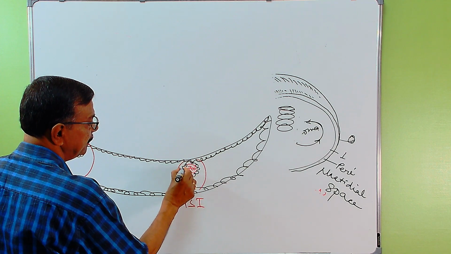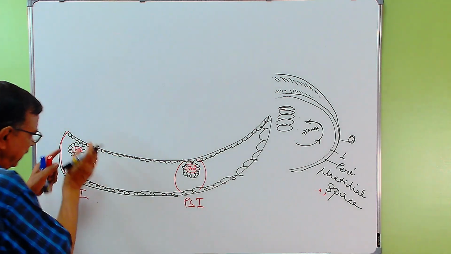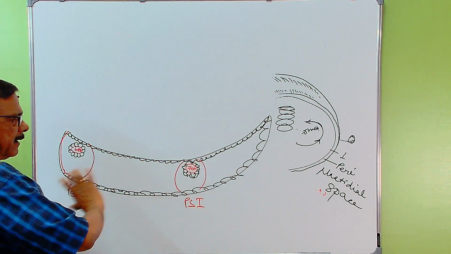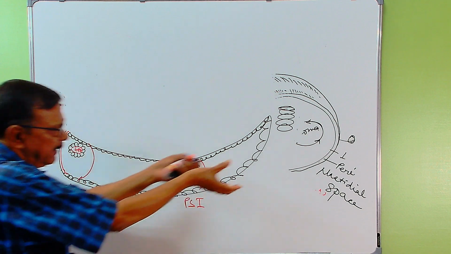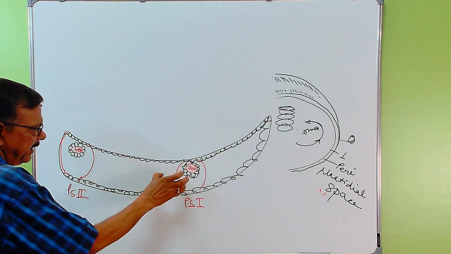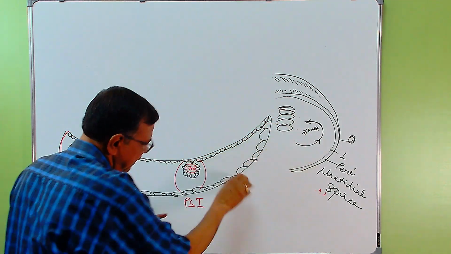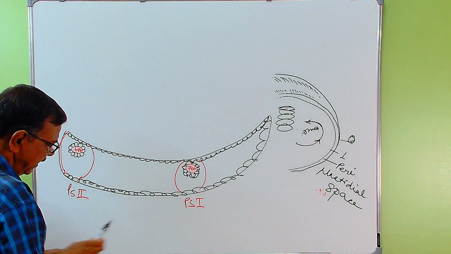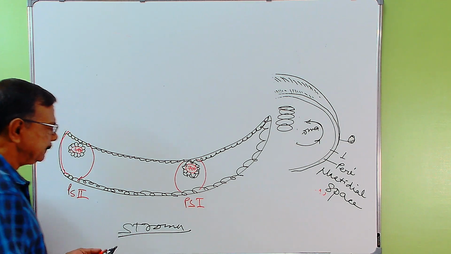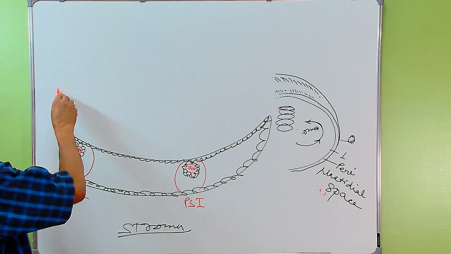Whenever sunlight falls here, the reaction takes place. It is embedded in the thylakoid membrane, and outside this there is the stroma.